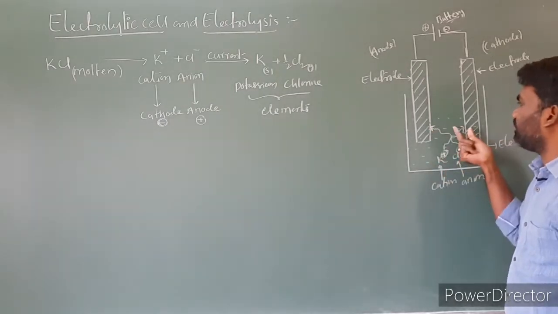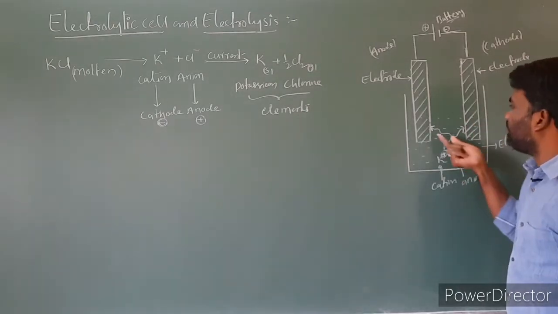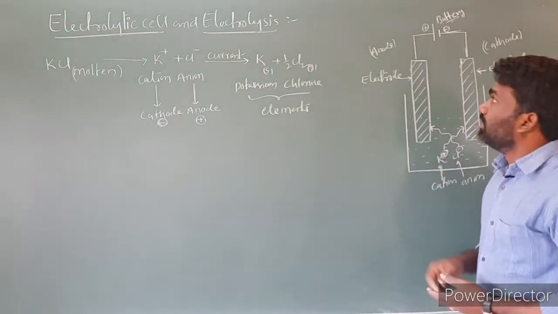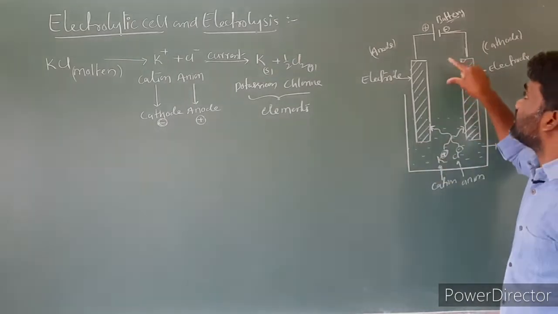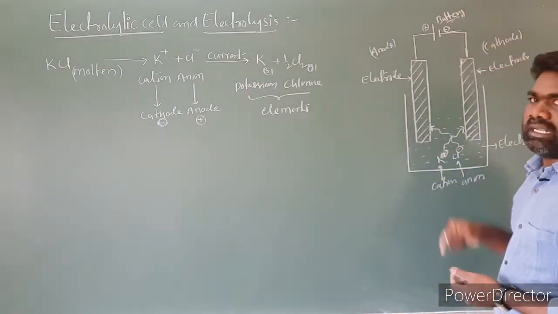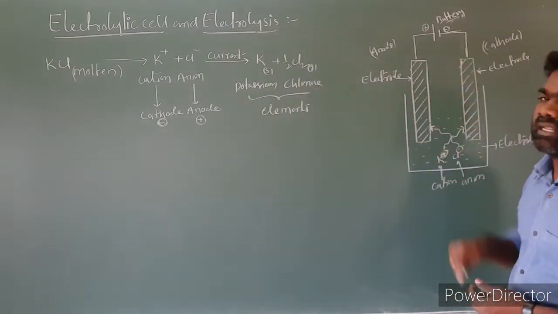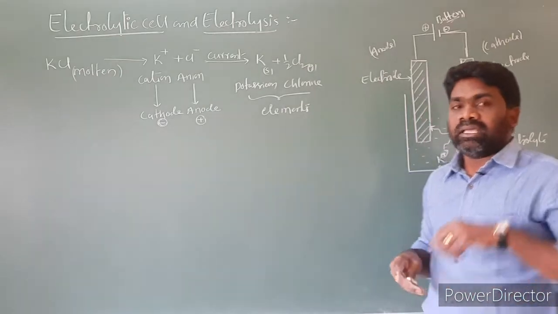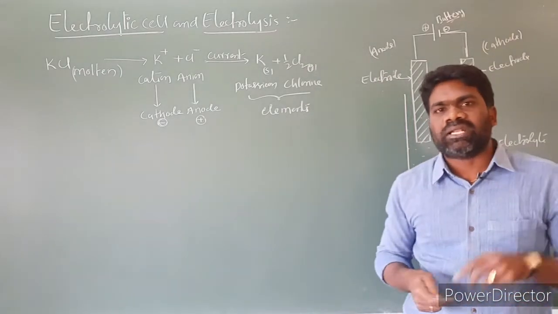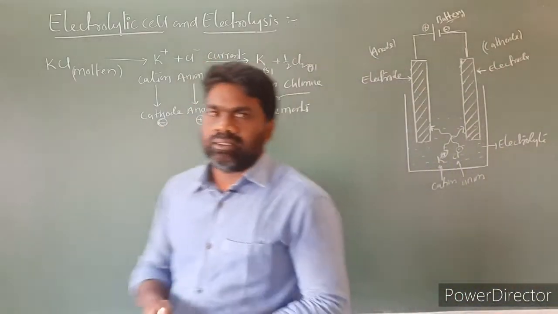Cations discharge and are deposited upon the cathode, and anions discharge at the anode. In this electrolytic cell, the electrical energy we pass is converted into chemical energy. In a galvanic cell it is the opposite: chemical energy is converted into electrical energy. So this is the electrolytic cell.